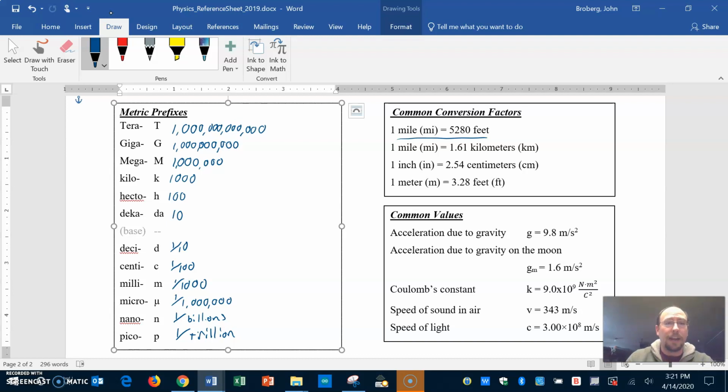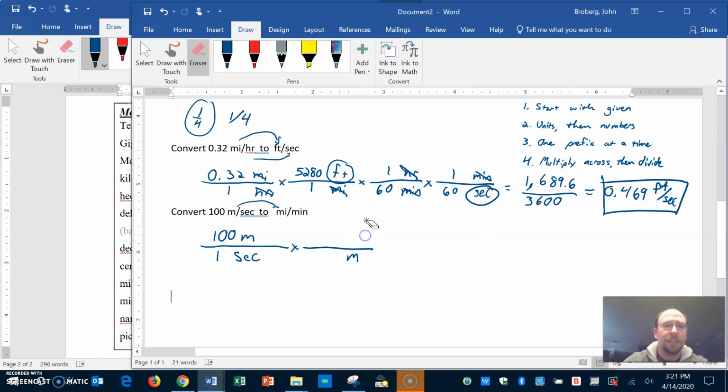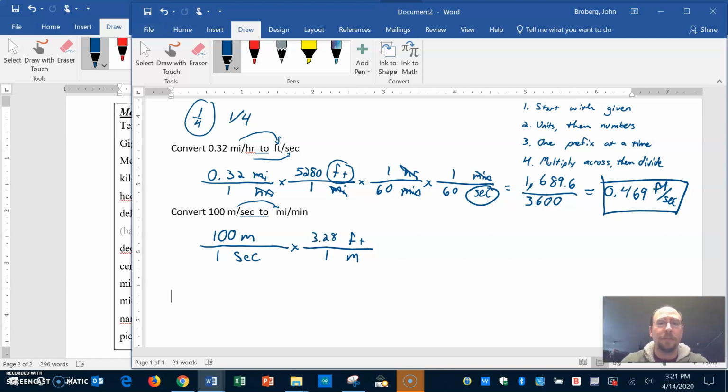And that's what I'm going to have to do. Again, there's other ways that you could do this, and that's okay. But instead of going meters to miles directly, I'm going to go meters to feet. And from my conversion factor, 1 meter is 3.28 feet. I got that straight from the reference sheet.